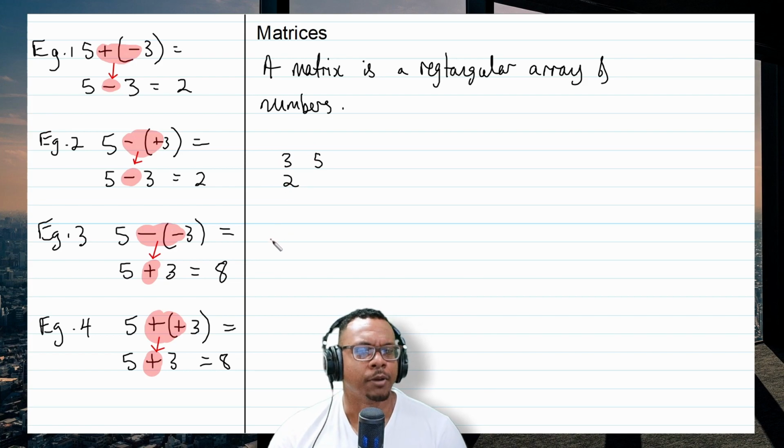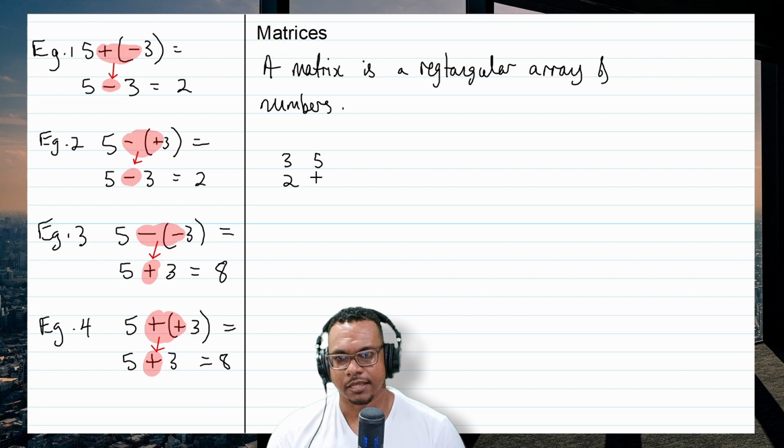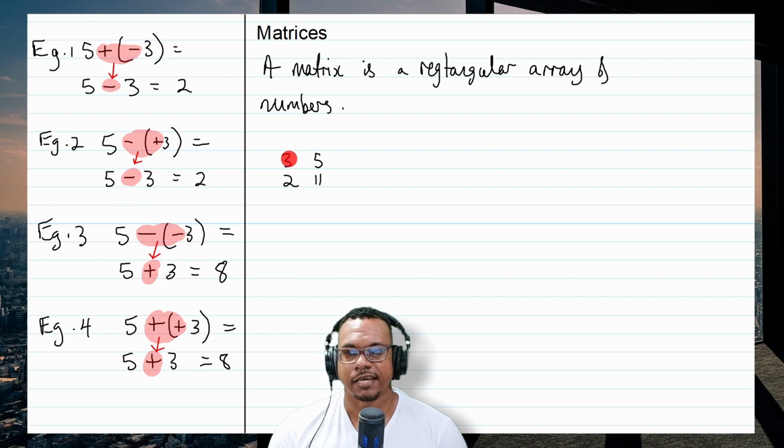But a matrix is a rectangular array. So if I add a next number like, I don't know, 11, now it's like a square. So this is a square matrix. See, 2 here, 2 here, 2 here, 2 here. But a square is a sort of rectangle, all sides equal. So this is a square matrix, but it's a rectangular array of numbers.